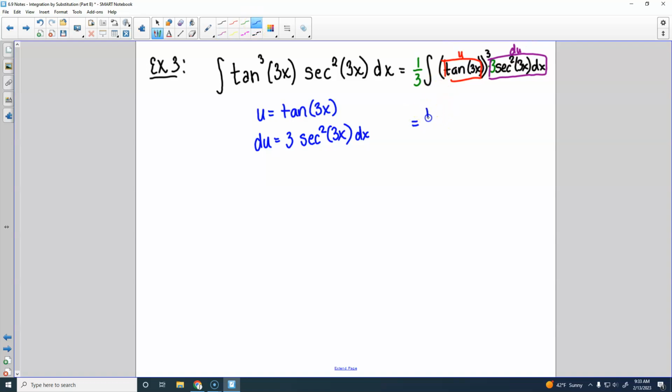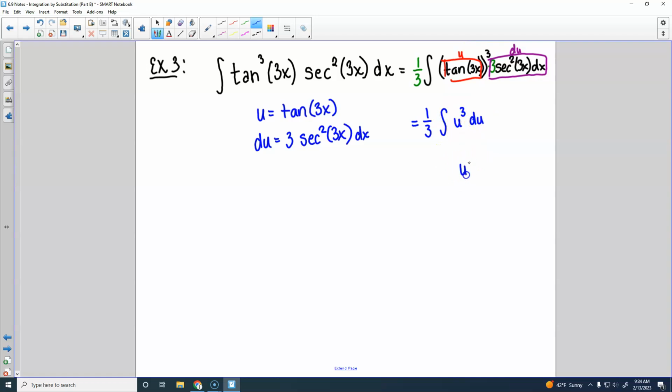So this is going to give me 1/3 integral of u cubed du. Okay, so for this, we're just going to use our rules.